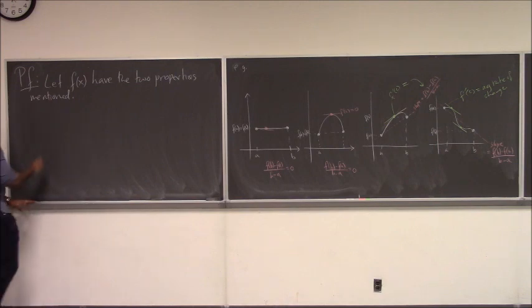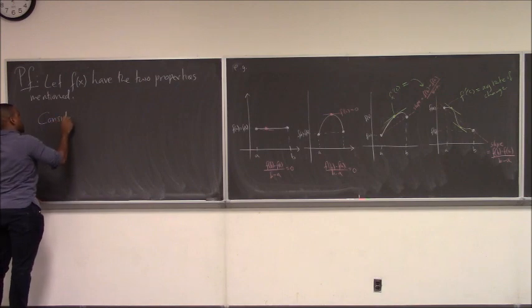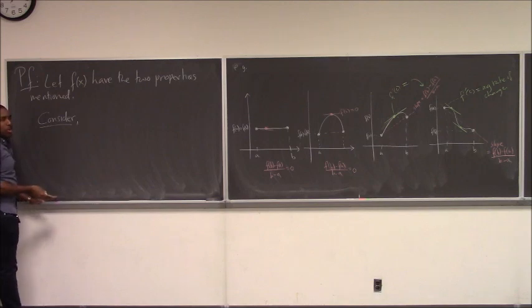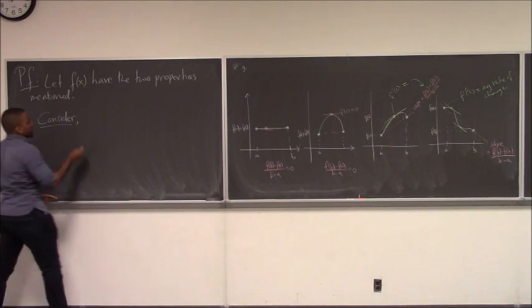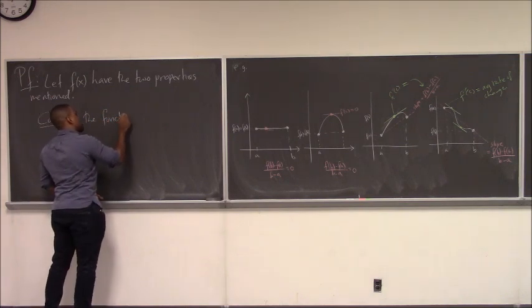And here's where the magic comes in. Consider. It's the scariest word in mathematics. Every time someone says consider in a proof, you know that something's coming. Like, consider what? What now? What are you going to do? Consider this function.